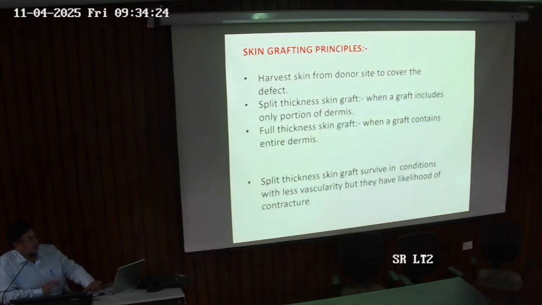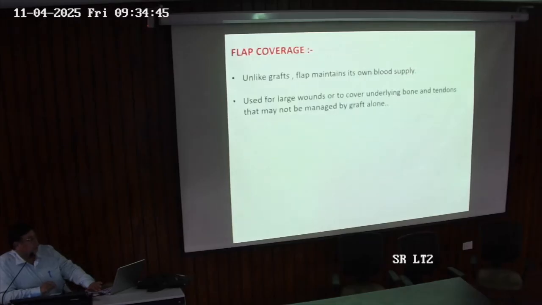Skin grafting, as we have discussed, is done when the area which receives the skin graft is free of infection, granulation tissue is healthy, and vascularization is adequate. Flap coverage is used when a split thickness graft is not possible.